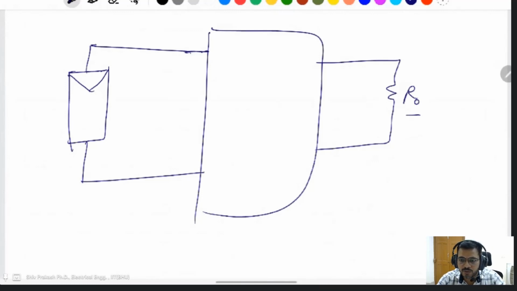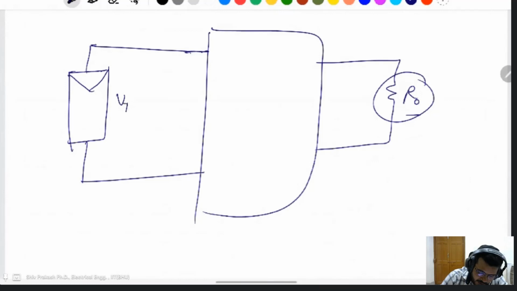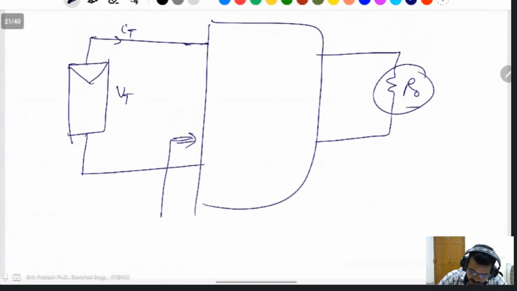But if you want to draw a motor or a light load like that, then R naught will be constant. There is the voltage and current, Vt and It of this one. We have an input resistance, like that, Rin of any DC-DC converter.